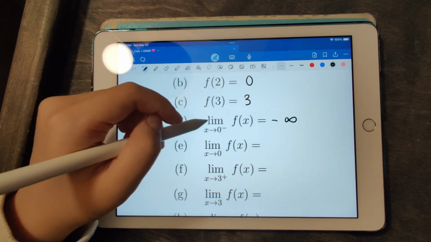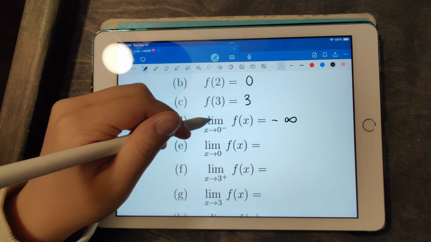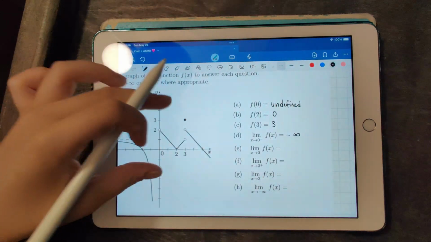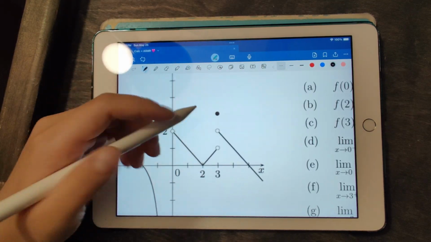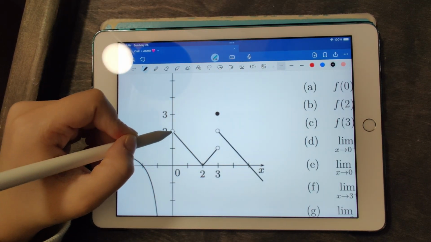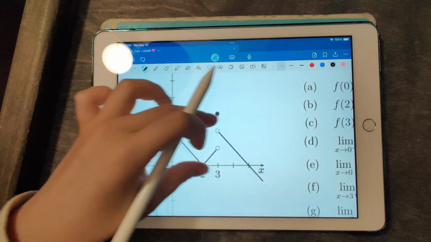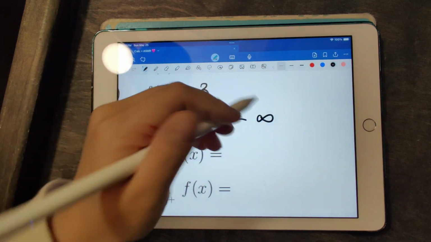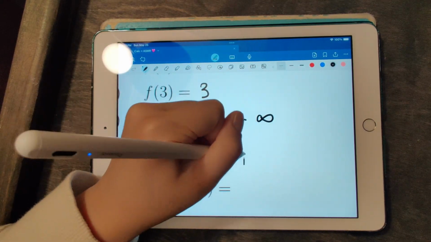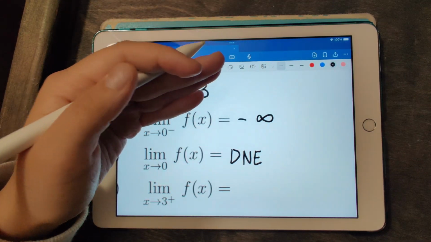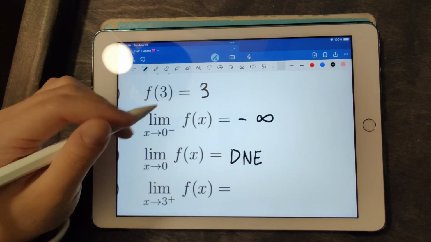And from part D, we have the limit as x approaches 0 from the left is negative infinity. But if we look at the graph, the limit as x approaches 0 from the right is actually 2. And negative infinity is not equal to 2, and therefore this limit does not exist. So we often put DNE as an abbreviation for it does not exist, so I'm just going to put that.